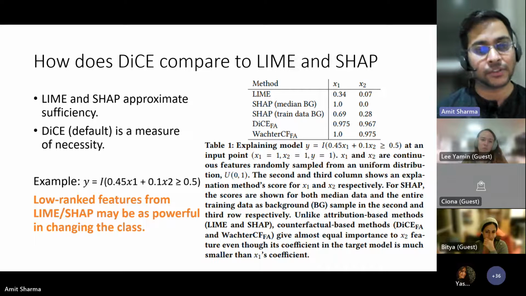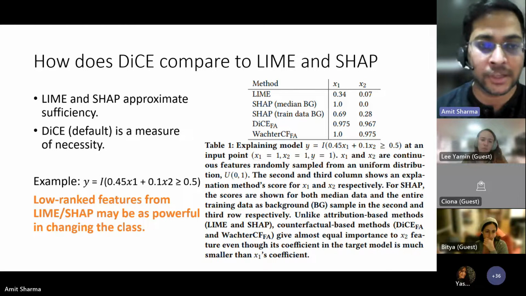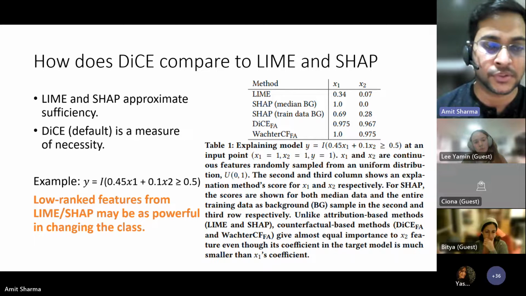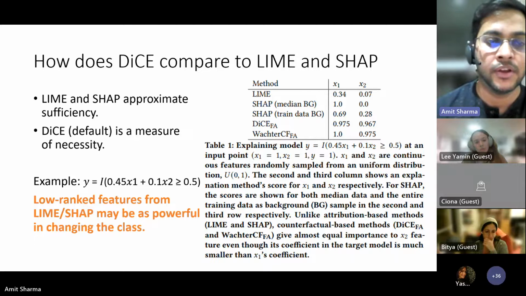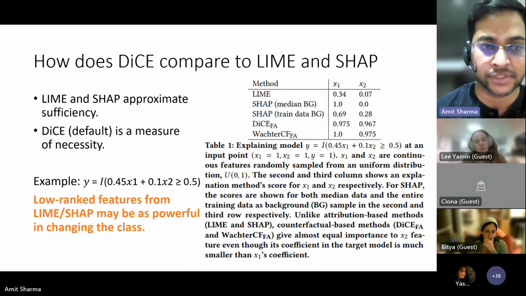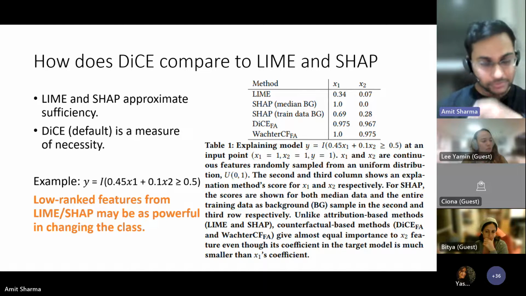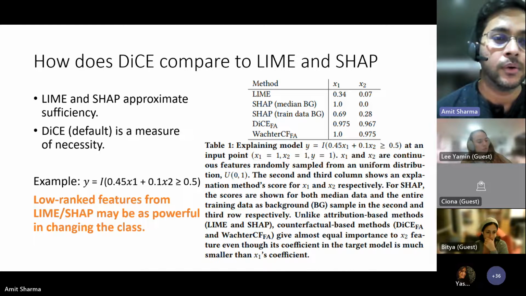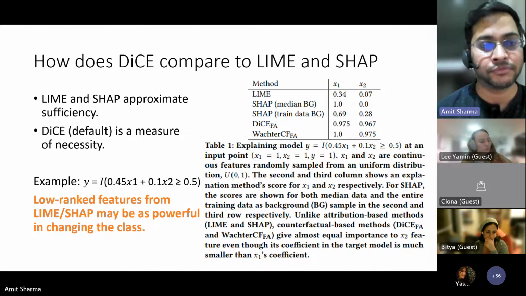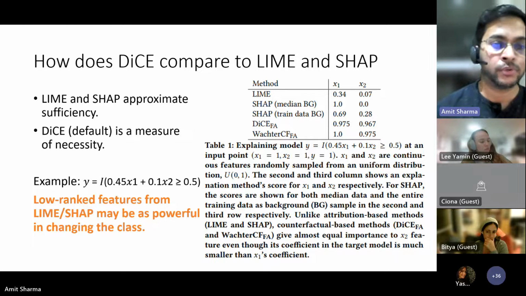Imagine that your machine learning model was just this: an indicator function of 0.45x1 plus 0.1x2 greater than or equal to 0.5, right? It's a really toy example where anytime your function increases beyond 0.5, you output 1, otherwise you output 0.